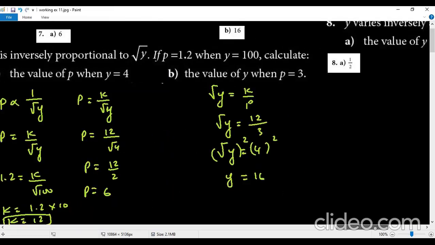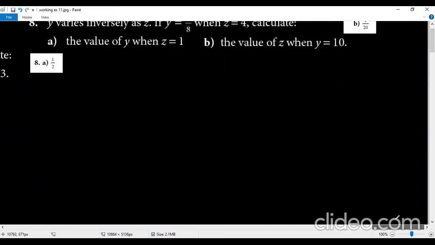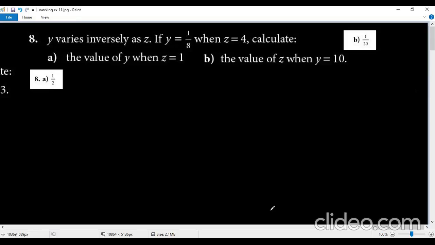Moving on to question number 8. It says y varies inversely as z. So we will write like this, y equals k over z. In the question itself, it says y is 1 over 8 and z value is 4.